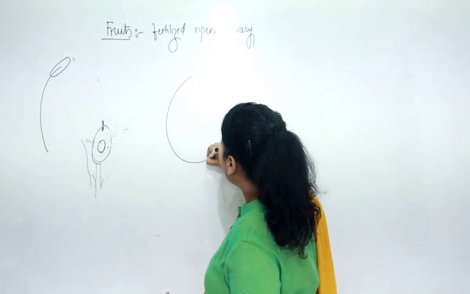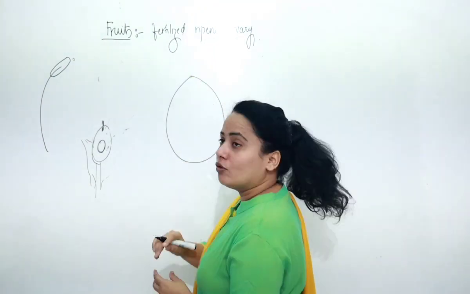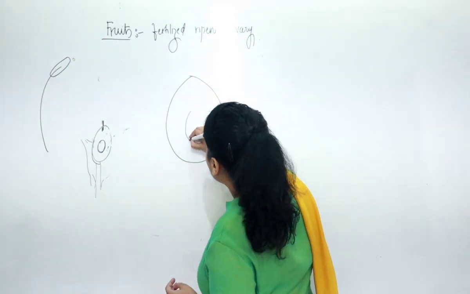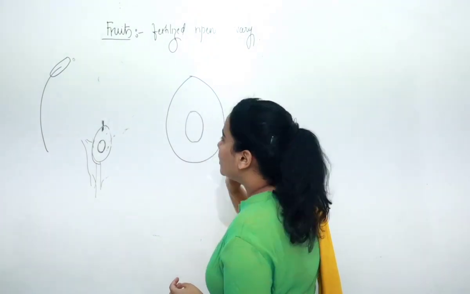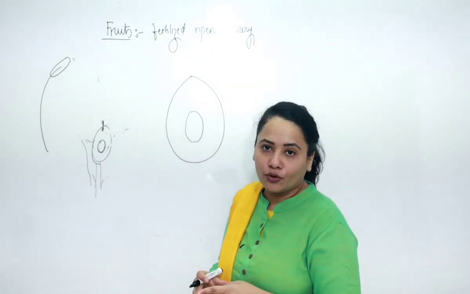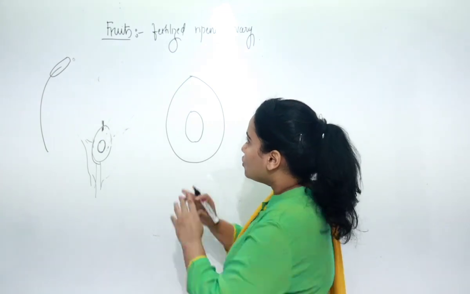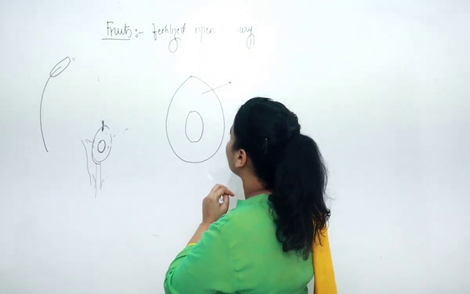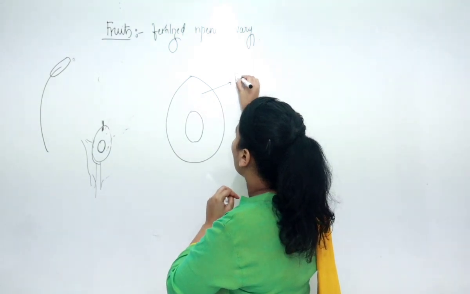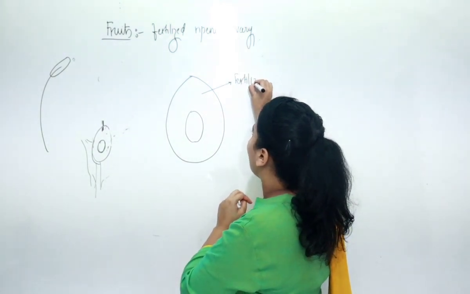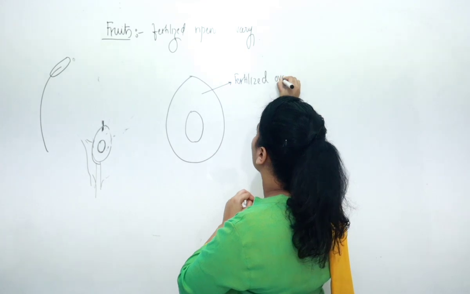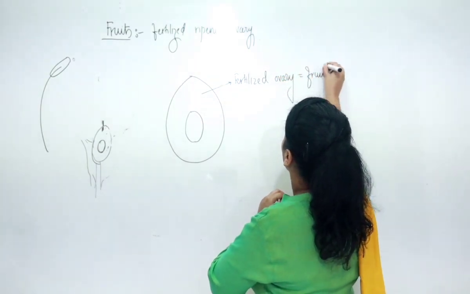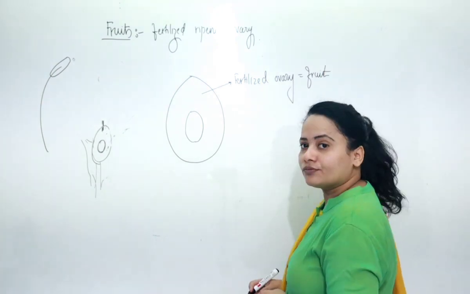We will say that this is the ovary, fertilized ovary, and inside is the ovule. We call it fertilized ovule after fertilization. So what is basically a fruit? Fruit is this portion. So when the ovary gets fertilized, this fertilized ovary is modified into fruit.